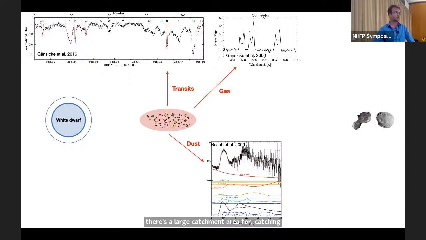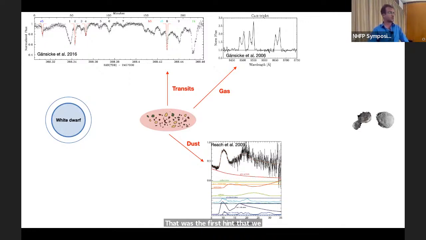And we have lots of evidence of this being the case from infrared excess. That was the first hint that we have circumstellar dust. We also have gaseous emission lines. So you're seeing here in the top right the calcium triplet with Doppler splitting due to the Keplerian orbit. And we also have transits of planetary bodies.